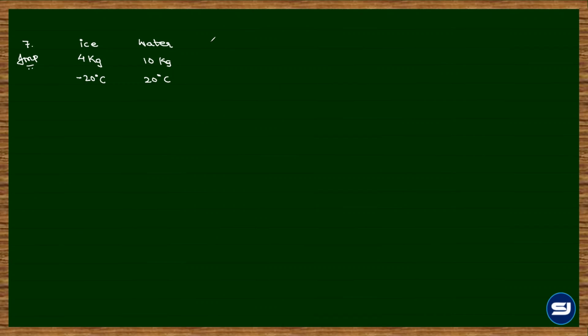So heat capacity को ignore करना है, and the mixing was done in an insulating vessel. Calculate the final mass of water remaining in the container.